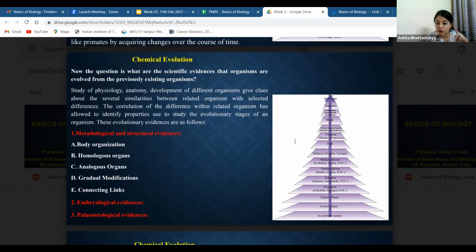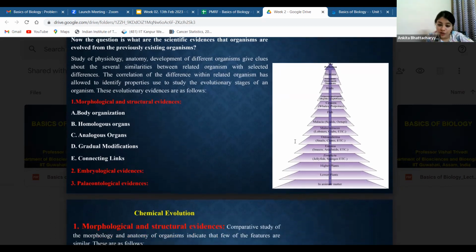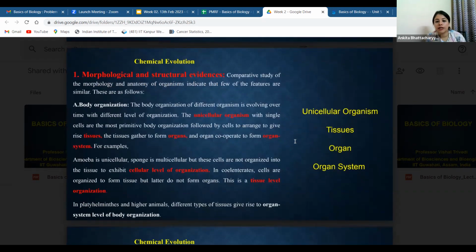So first comes the morphological and structural evidence. We have discussed it. We have discussed a few questions actually related to it. So first is the body organization. This we even saw in the content for week 1 as well, where we see that the complexity of organisms with respect to their body and how it is organized is also changing over different classes.